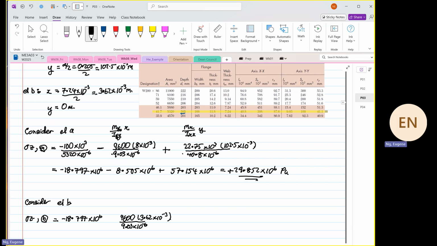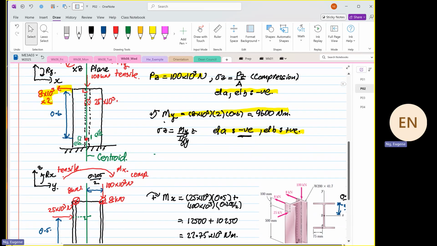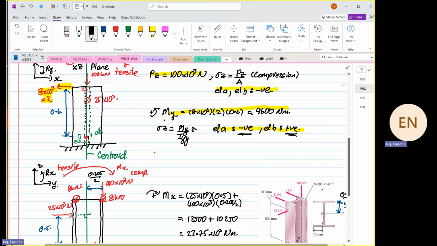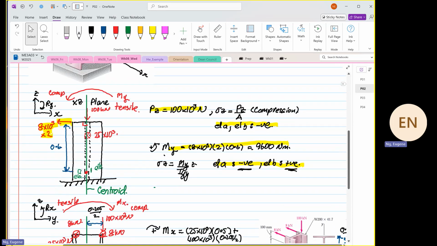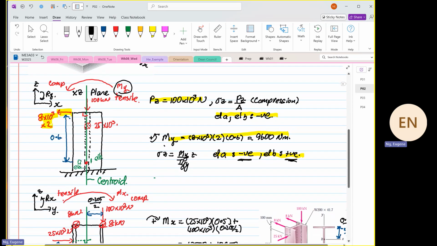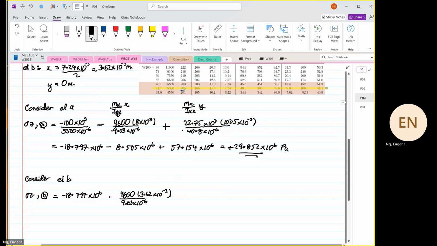Again, we go back to our analysis and look at moment about Y. Element B is positive, on this side, so you put down positive.